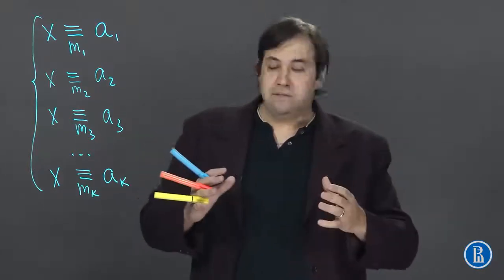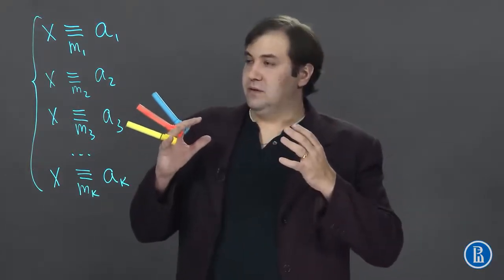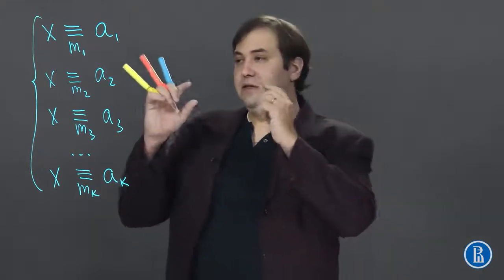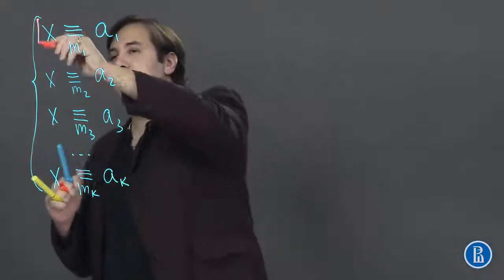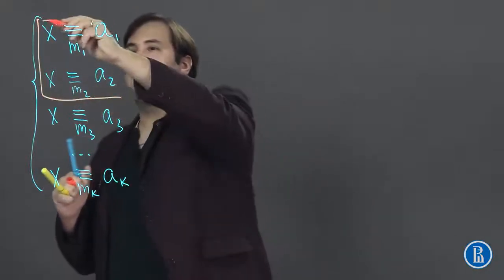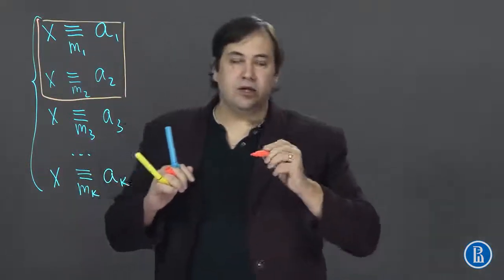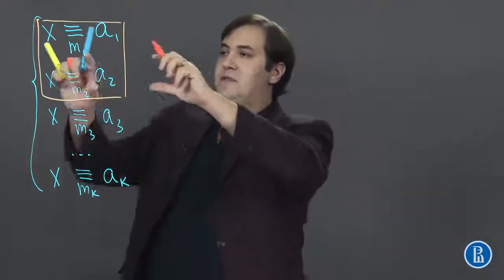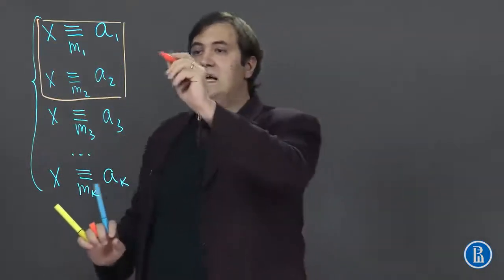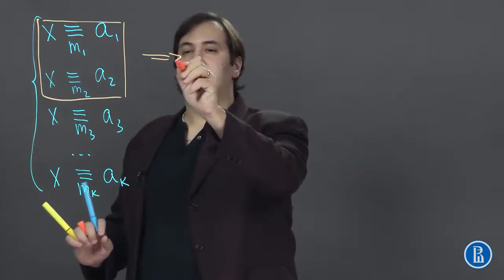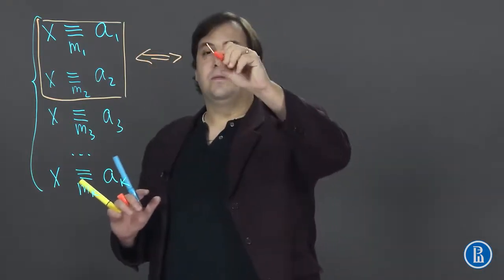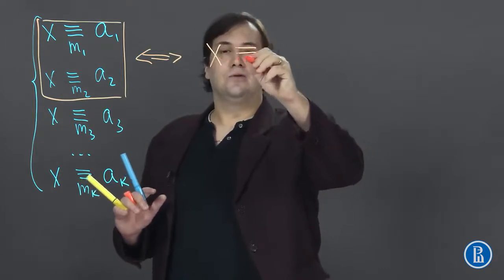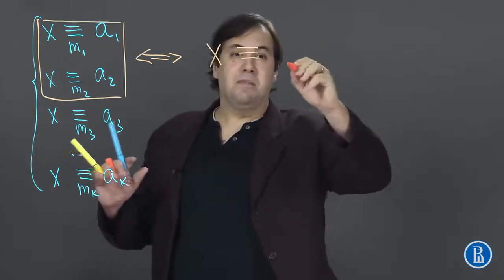In order to do this, let's take just two congruences, the first two, and show that the system of these two congruences is equivalent to one congruence of the form x congruent to, well, something.